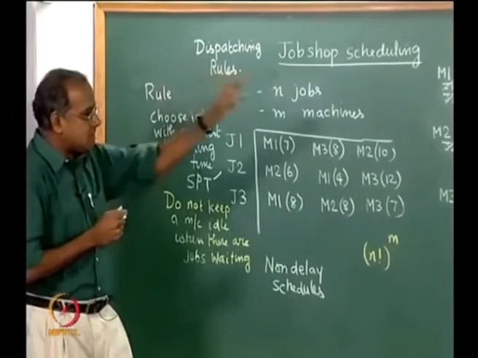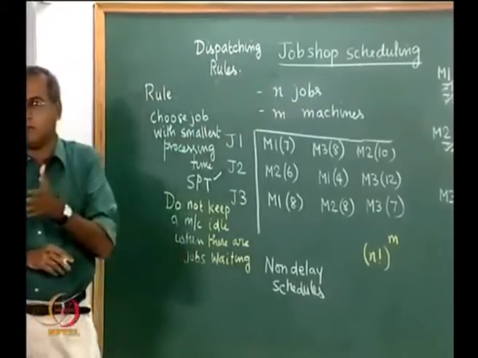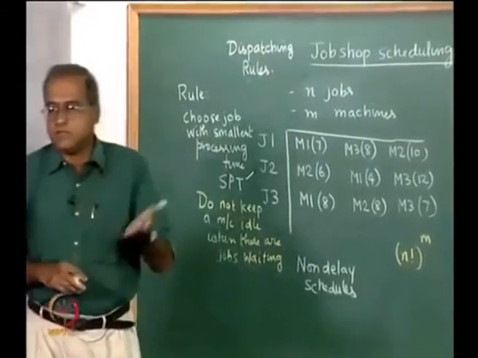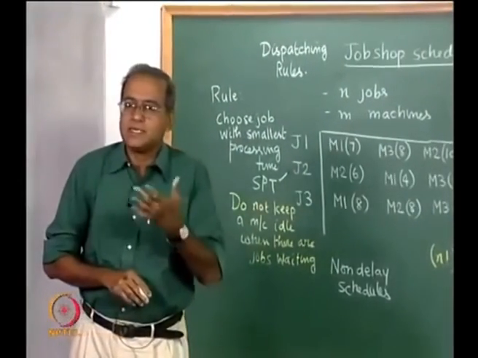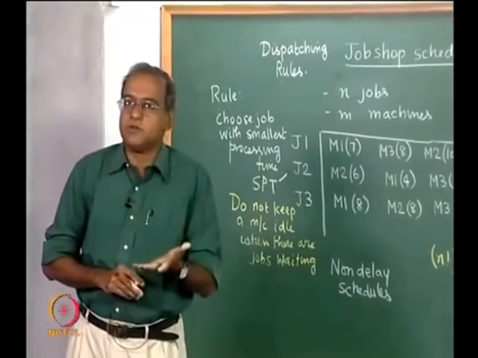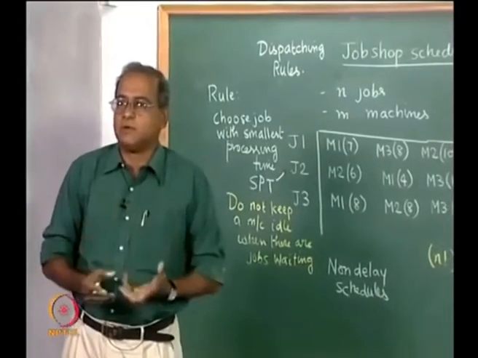So, though dispatching rule is a very convenient method to solve job shop scheduling, its ability to give optimal solutions is actually not very good.